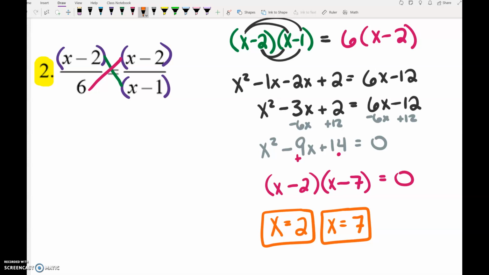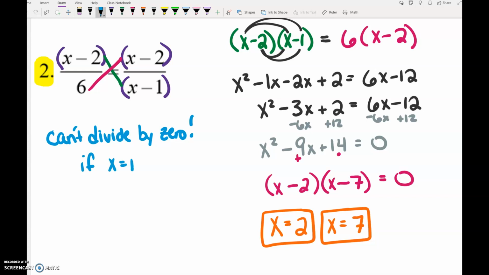Now, the number one rule in math is you can't divide by 0. So if we had gotten x equals 1, what happens if you plug 1 in right there? You'd have 0, and that wouldn't work, so x equals 1 would be an extraneous solution.